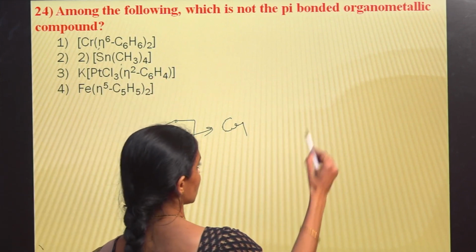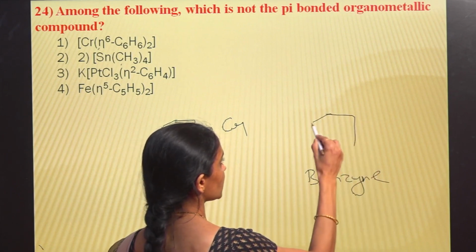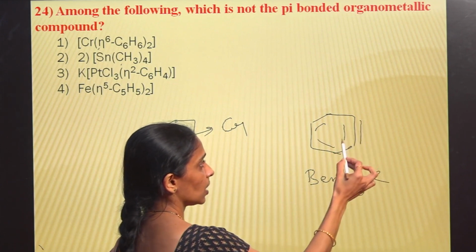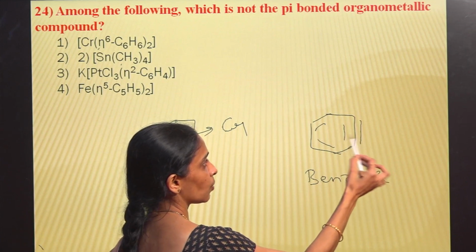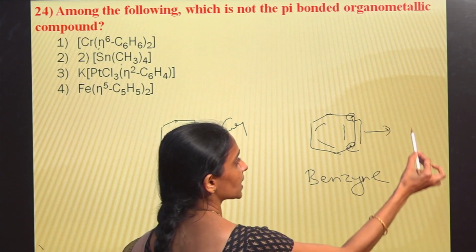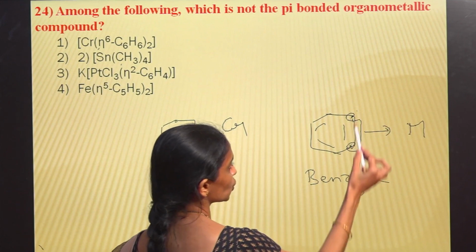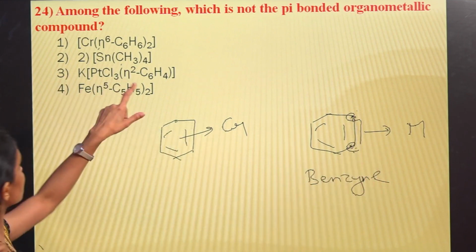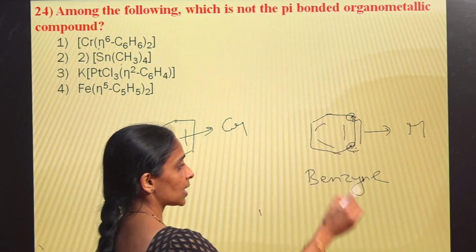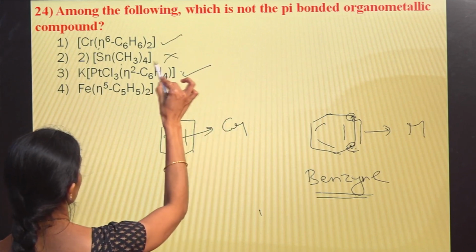That C6H4 is nothing but benzene. Benzene has an additional pi bond. Okay, this is benzene. There is a triple bond between these two carbons. And these two carbon atoms are involved in interaction with the metal. So we say hapticity is 2. Okay, hapticity here is 2. These two pi bonded atoms are involved. So this also has a pi bond. This option doesn't have a pi bond.